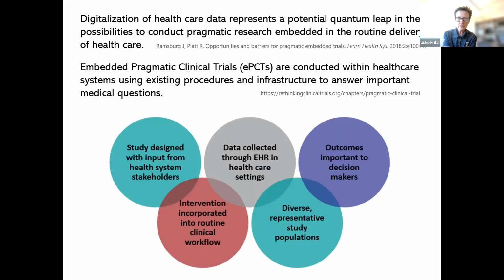And finally, the advance of electronic health records and the use of technology in healthcare in the last decade or so has given us another term that's important to define, and that is embedded pragmatic clinical trials. So this is a phrase you'll see used now quite a bit. The idea of an embedded pragmatic trial is that the infrastructure and the data collection relies heavily on digital data that's available in the routine practice of healthcare.